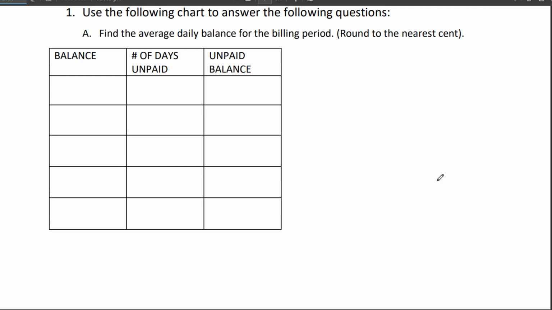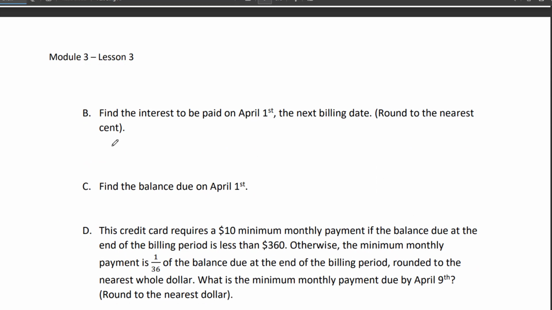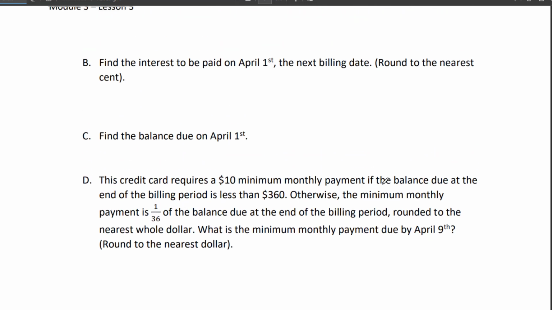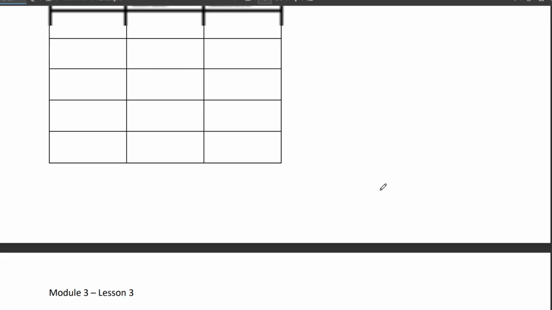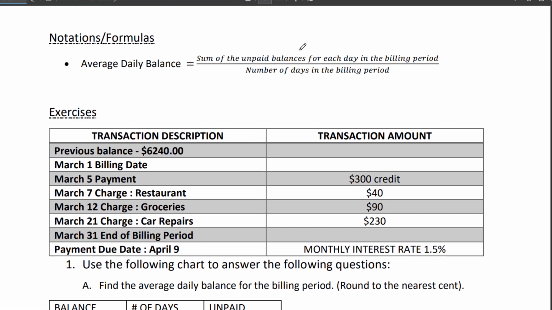And for these exercises, what we want to find is our interest and our balance due for the following month, as well as our minimum monthly payment. So in order to find this, we have to find the average daily balance first, which is the formula that we looked at up here.